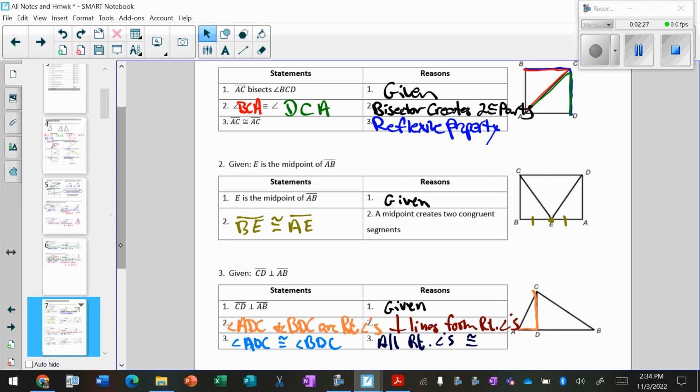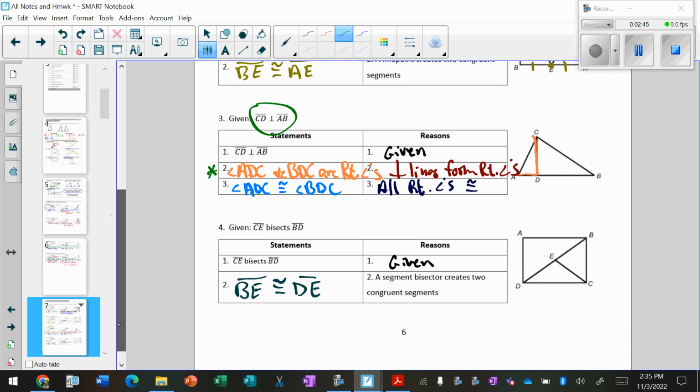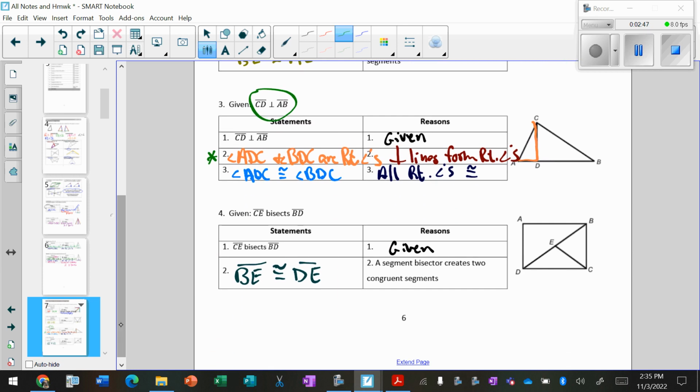The symbol that was given in question 3 was a symbol for perpendicular. Perpendicular means lines that intersect to form right angles. That's all perpendicular means, is we get right angles. As a result of having those right angles, we could do a separate step that must come afterwards, a step that says all right angles are congruent.